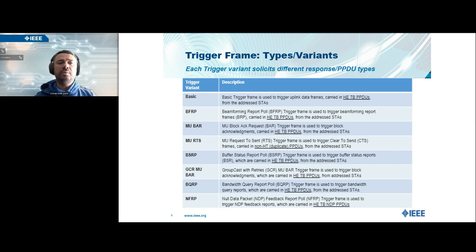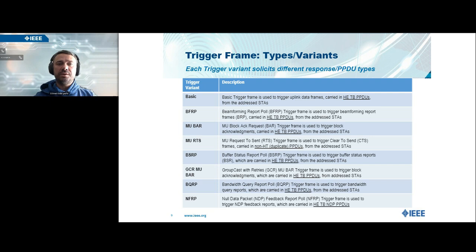We'll cover most of them in more detail as part of the exchanges, but we do have a basic trigger frame, which is used to trigger uplink data frames, and these are carried in high-efficiency trigger-based PPDUs. We do have a BFRP, which is a beamforming report poll, and this is used for trigger-based sounding that we'll cover in more detail later. So it's part of the solicitation of sounding feedback from the stations.